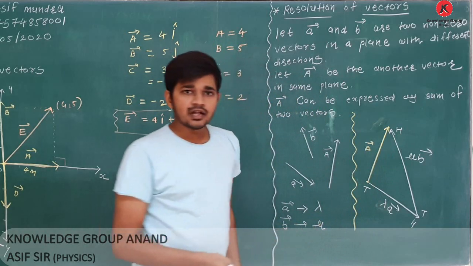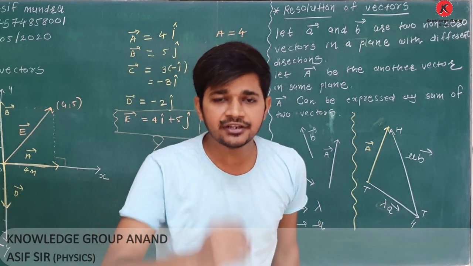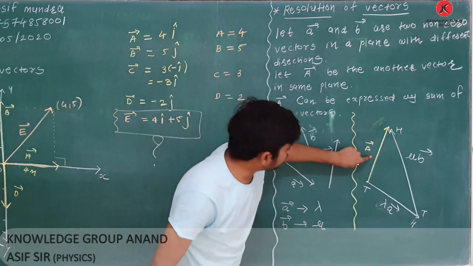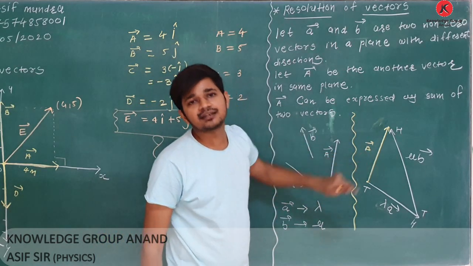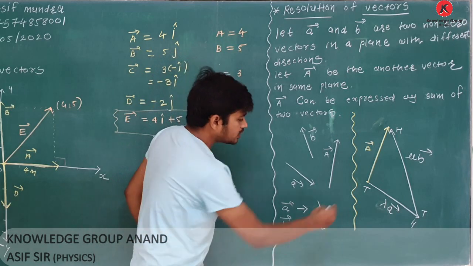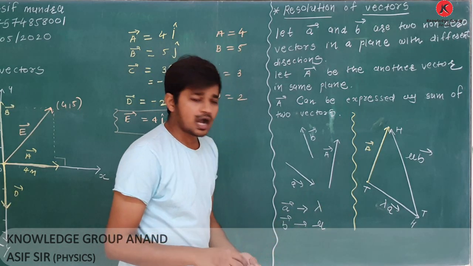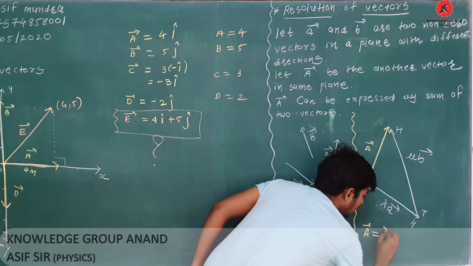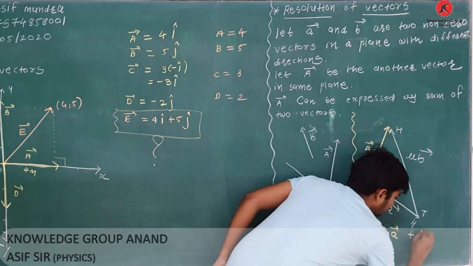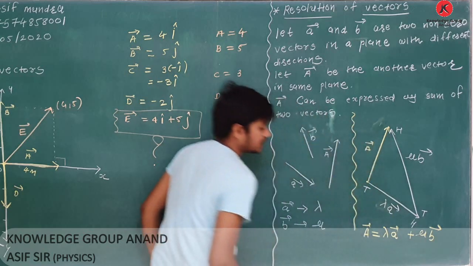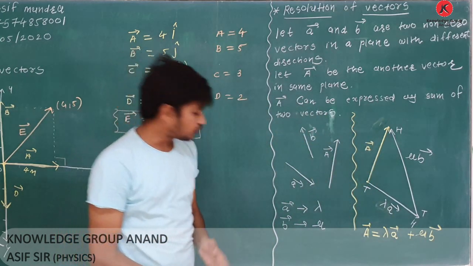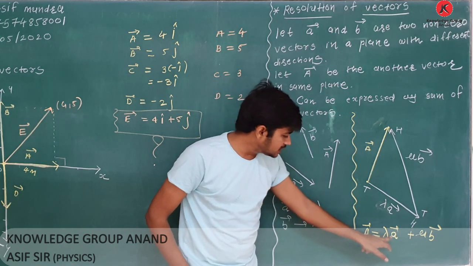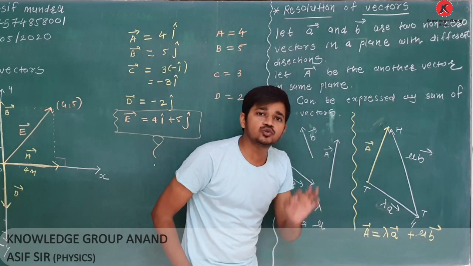And you know that for vectors having a tail-head relation, there is addition between them, and the remaining vector is the resultant vector. So here, with the help of the triangle method, I can write A is equal to lambda a caret plus mu b caret. So yes, here I can represent vector A in terms of two other vectors.